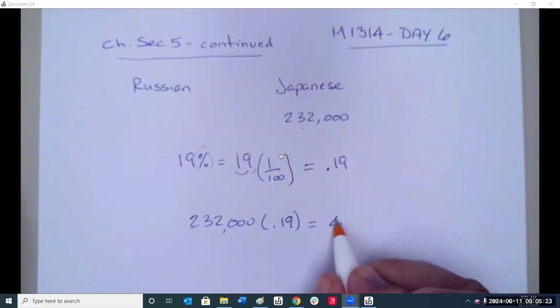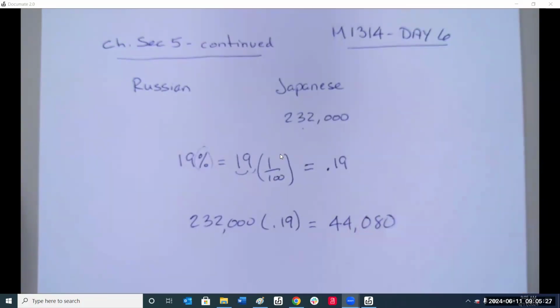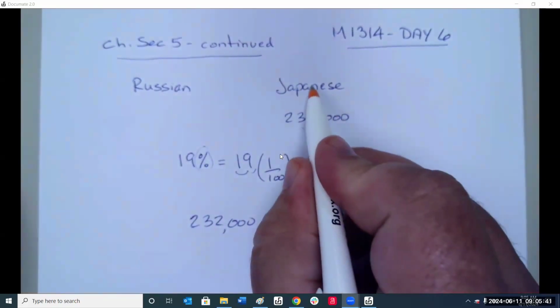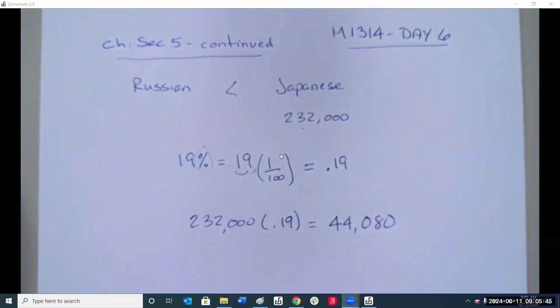How many? 40. So you're saying the Russian language only has 44,080 words? By the way, when it says more, it doesn't mean you go down. The Japanese language has more, so the Russian language has to be less.